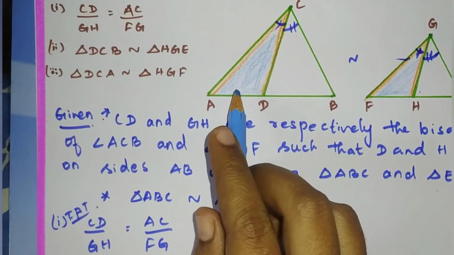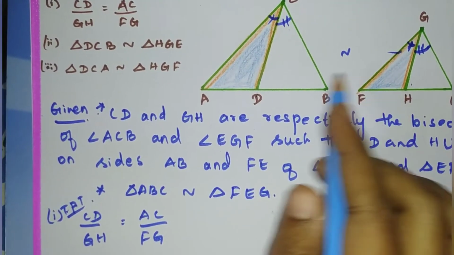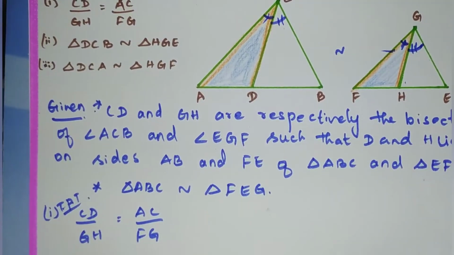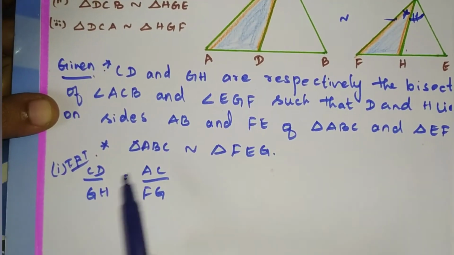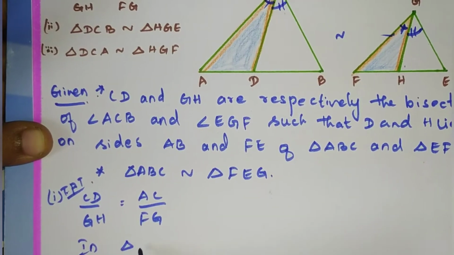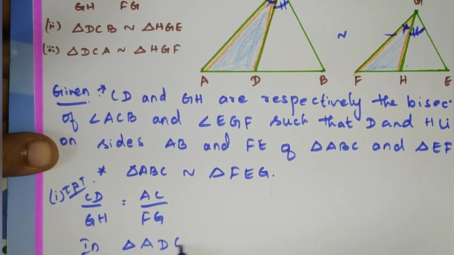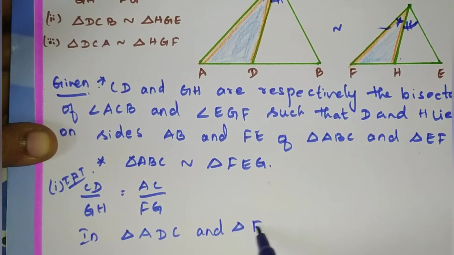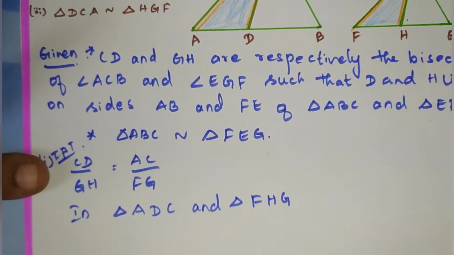If we prove that these two triangles are similar, we can tell that corresponding sides are in proportion. Clear? So in triangle ADC and triangle FHG, first I have taken the triangles.